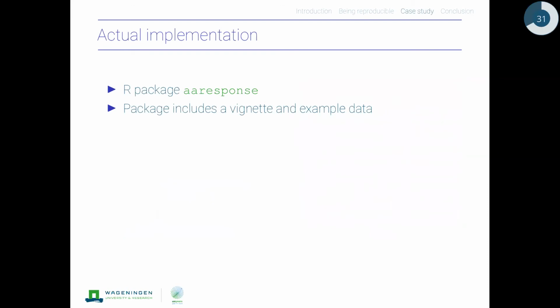Okay, so the actual implementation, to come back to the topic of reproducible research, is that we developed the methodology, so fitting the wood curves and doing the linear mixed models, in a bunch of loose R scripts. The next step was to combine these in an R package, AA response, and we also wrote a vignette. That's the R terminology for a written tutorial that contains example data, and that is included with the package.